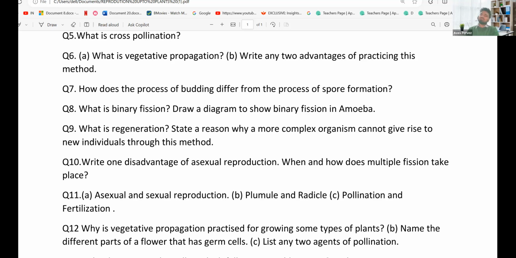So if there is a new disease or a new problem, they will soon die, unlike sexual reproduction, because in sexual reproduction there are two parents to fight different diseases, but in asexual it's just a total copy of the parent cell.